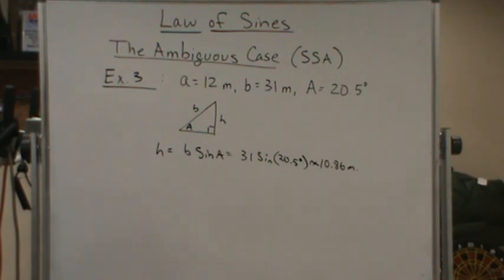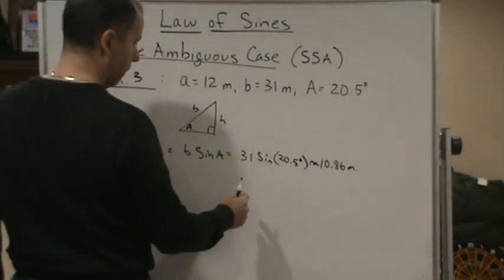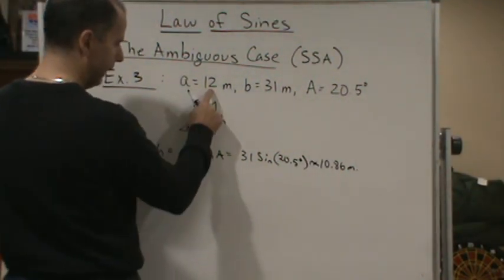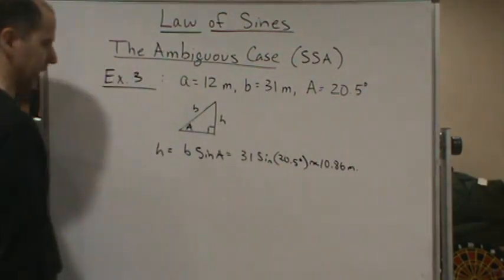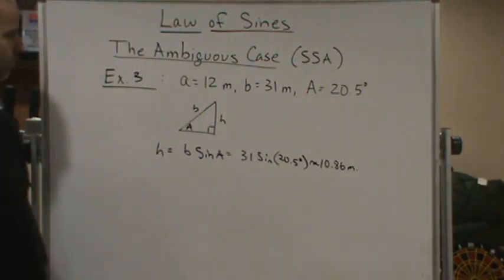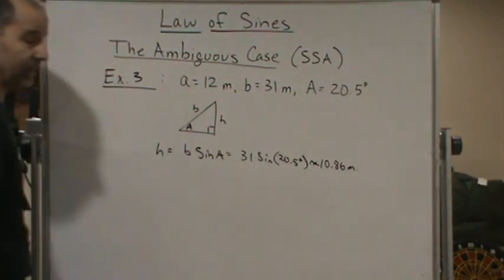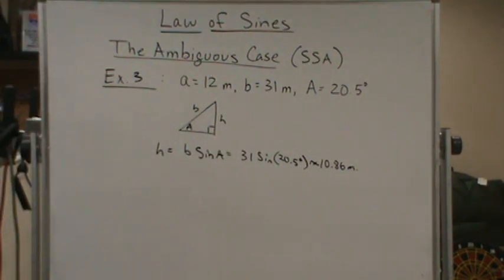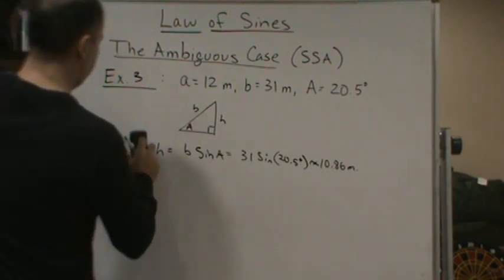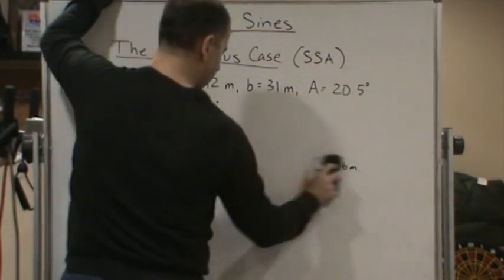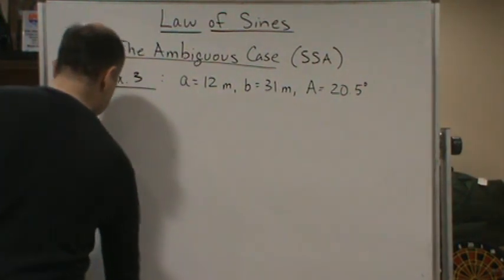Okay, now, notice that a is bigger than h, but smaller than b. So that means we're going to have two distinct triangles. Okay? So let's draw out the possible triangles. Okay?